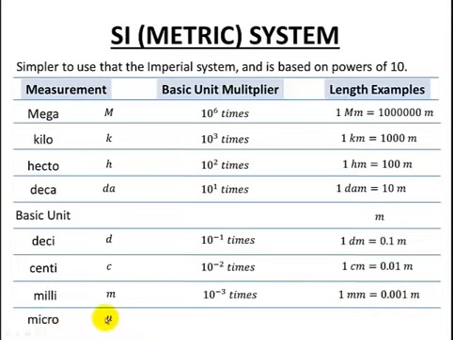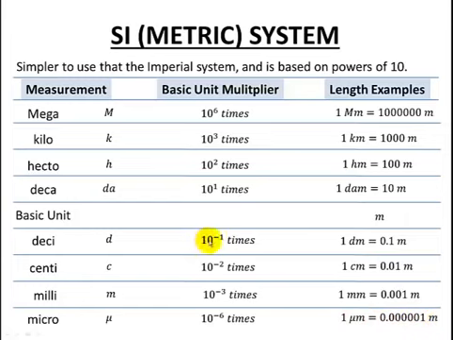That's abbreviated with this Greek letter called mu, so it's a sort of a stylized U. This one is quite a bit smaller, 10 to the minus 6 times our base unit. So 1 micrometer, however you like to pronounce it, is 0.000001 meters. So our small measurement is a decimal value of our base unit.